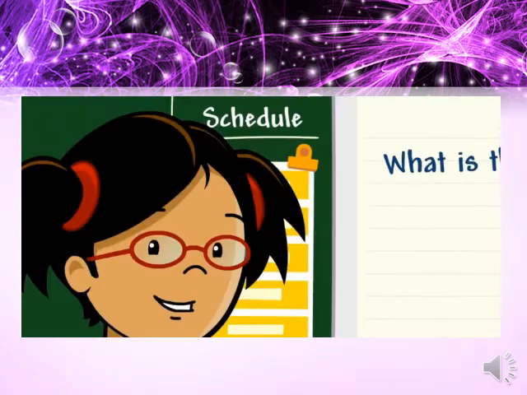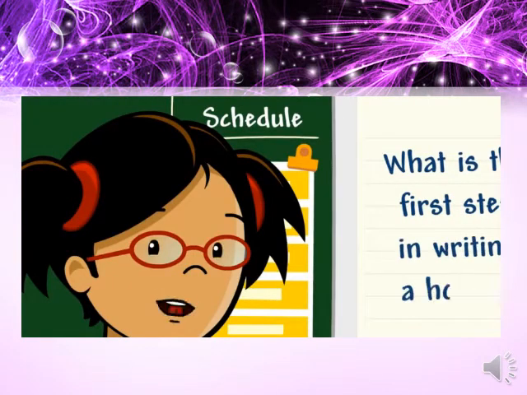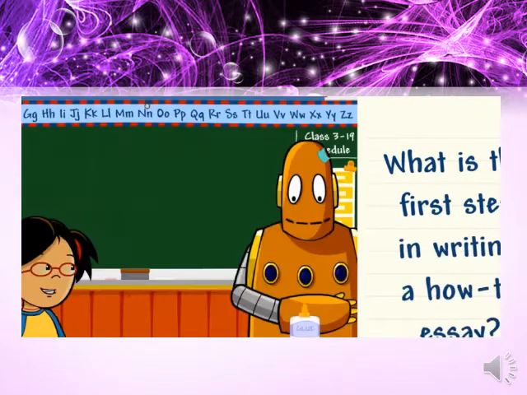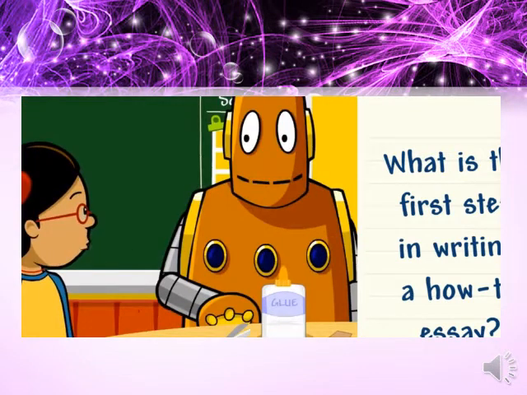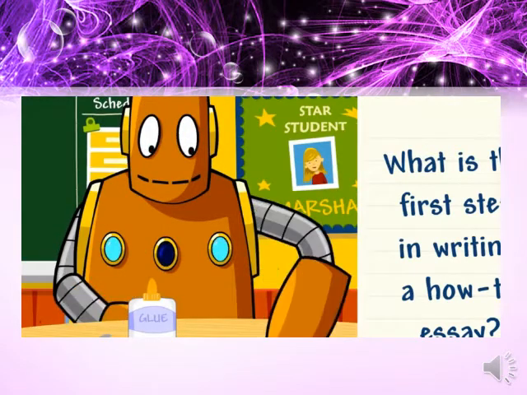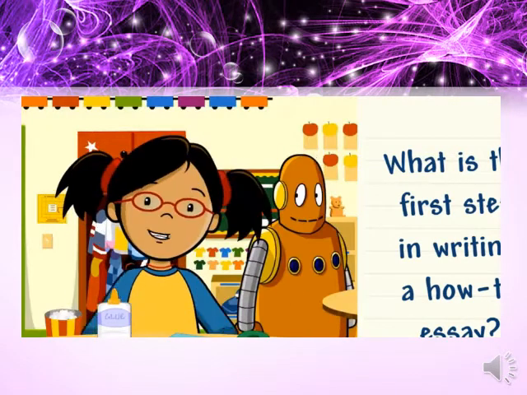But what is the first step in writing a how-to essay? First, you've got to get organized. Think of all the materials or things you need. Right, you need scissors, 2 sticks, glue, paper, and string.